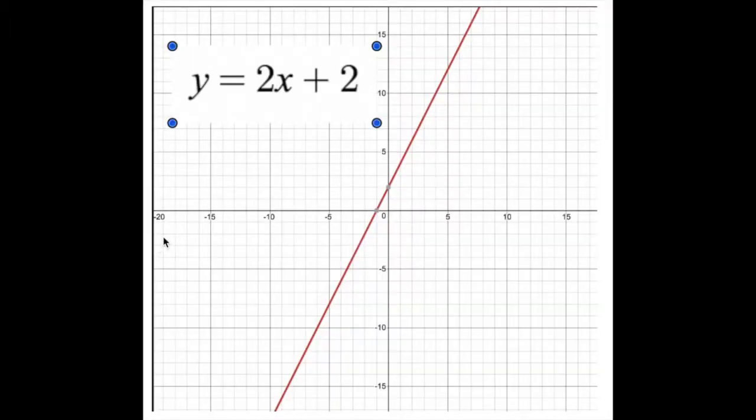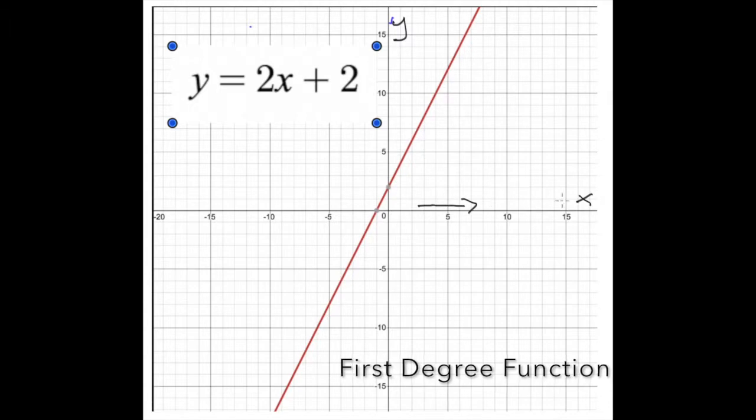So let's take a specific function and see what the end behavior of that is. Alright, so we're going to start with the linear function from our table, y equals 2x plus 2. So the end behavior is what happens to y as x gets increasingly large. So as x reaches positive infinity, what's going to happen on the y-axis? You can see here that y just keeps going up and up and up.